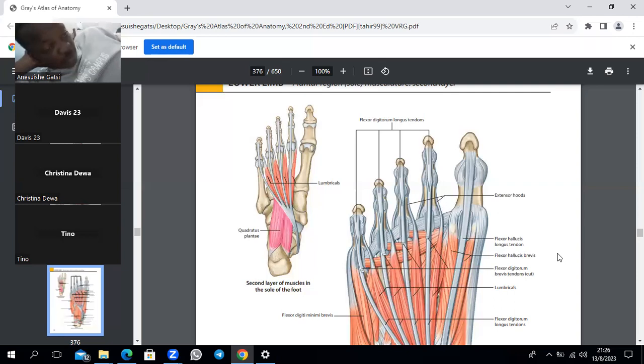So for the foot, we'll say medial 3.5, which will be innervated by the medial plantar nerve. Then the medial 1.5 in the hand was ulnar nerve. So for the foot, it's now lateral 1.5, which is innervated by, not ulnar, but by lateral plantar nerve.